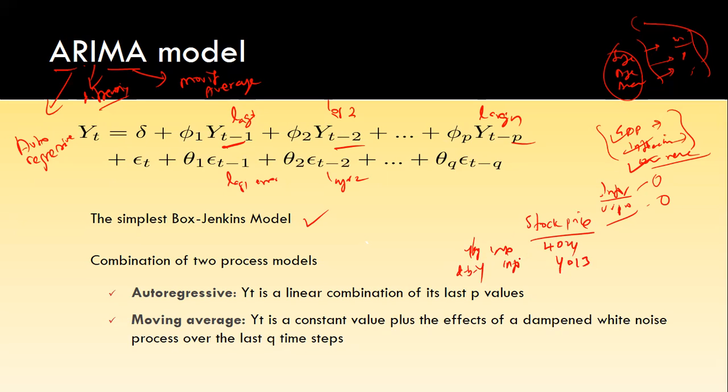So these are yesterday and day before yesterday values. But since you cannot use GDP and inflation because you cannot get them on a daily basis, if you include them here, it doesn't make any sense. So what we do is we take the yesterday stock price of Infosys, the day before yesterday, or the last 7 days or last 5 days stock price of Infosys.